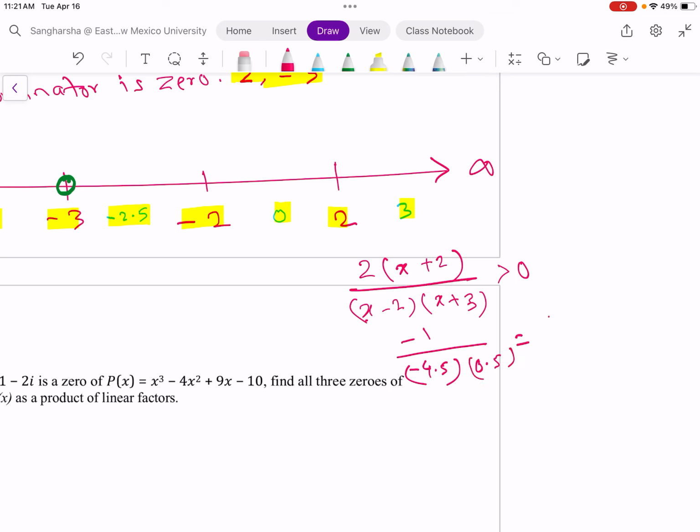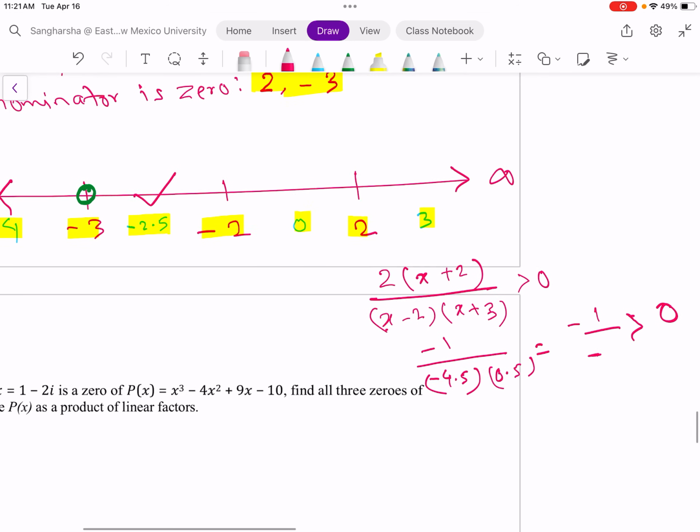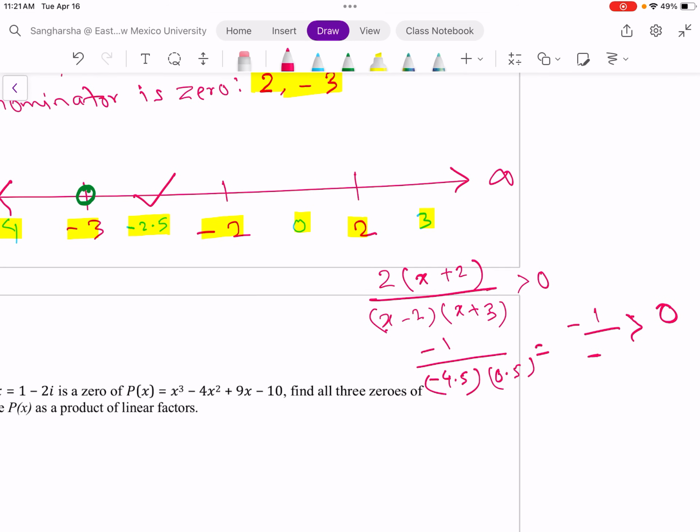So we have negative 1 divided by a negative number, which gives a positive number, and a positive number is greater than 0. That's true, right? So our second interval is a solution. We don't need the exact number; you just need to know whether it is positive or negative.